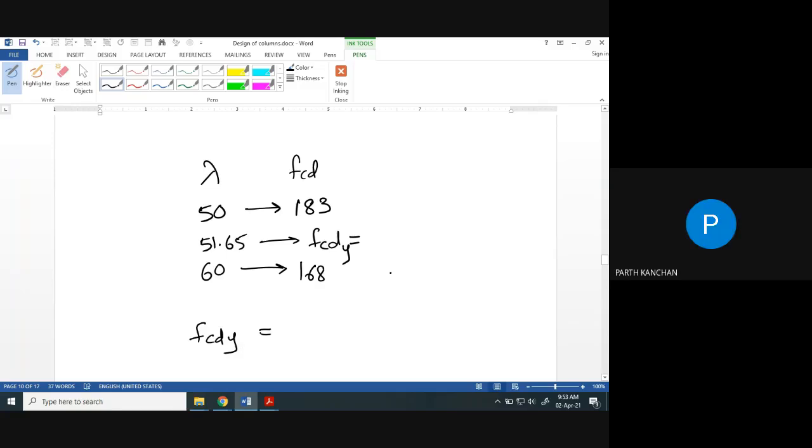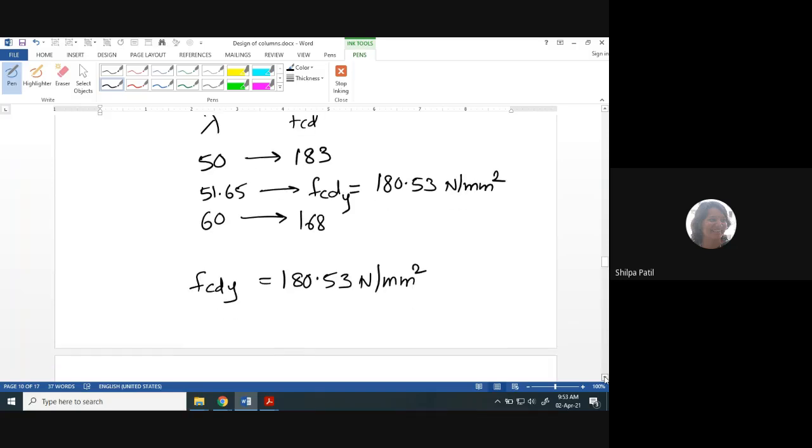180.53. 180.53 Newton per mm square. So this value is to be selected for calculation of PD.